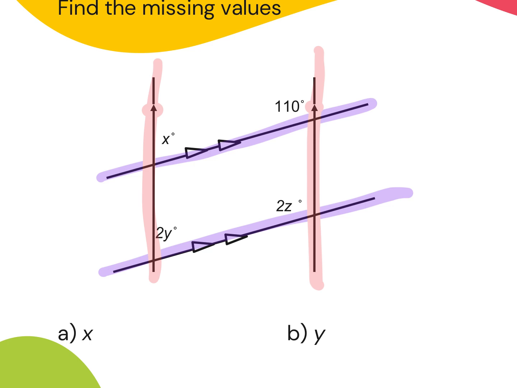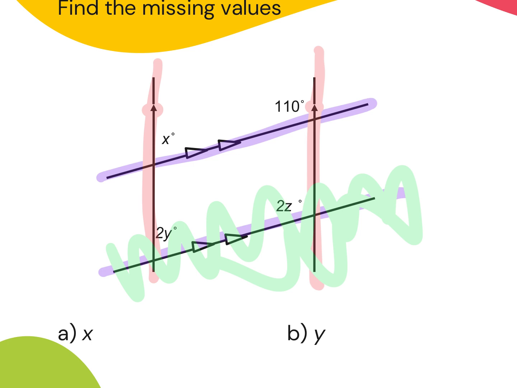So for my first variable, X, I'm going to pretend like this line isn't here. And I'm just going to work with the two red parallel lines, and I'm going to treat that purple as if it's my transversal. So what type of angle is X and the 110?